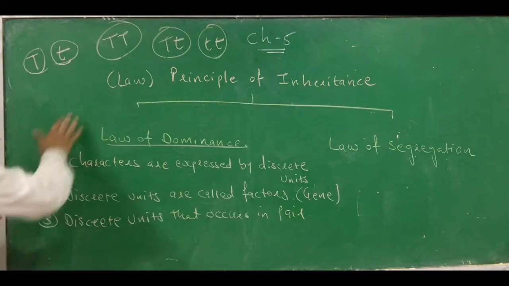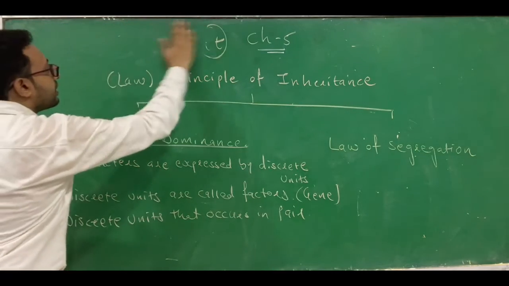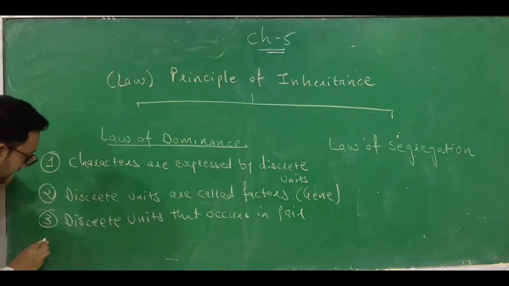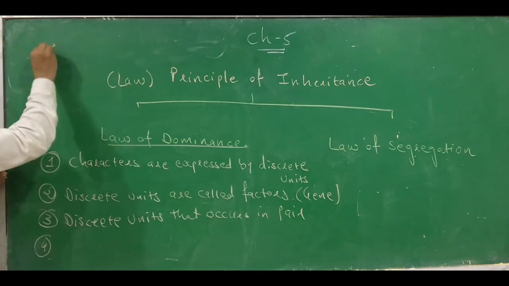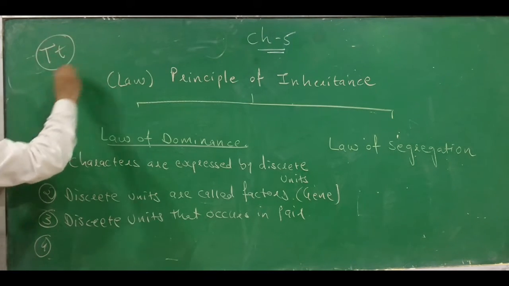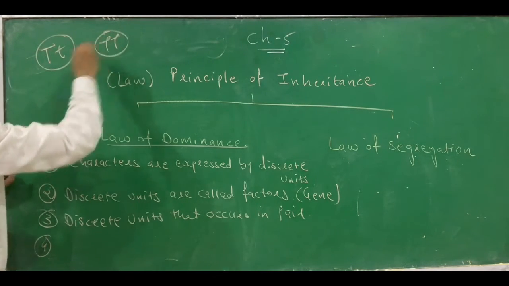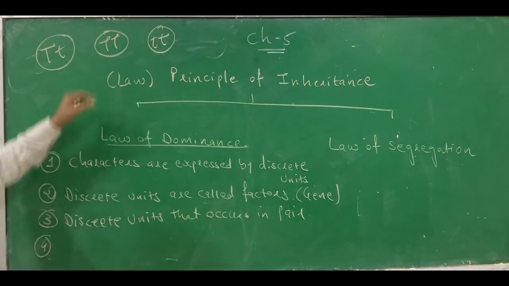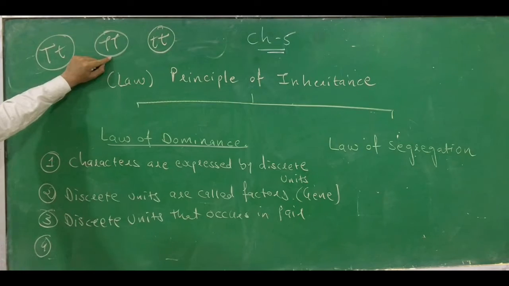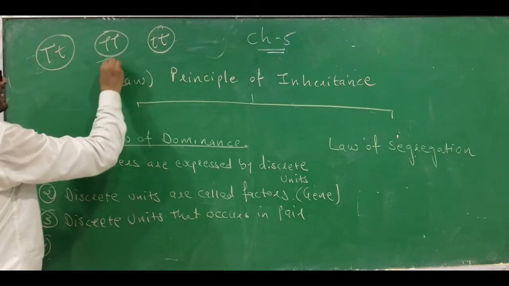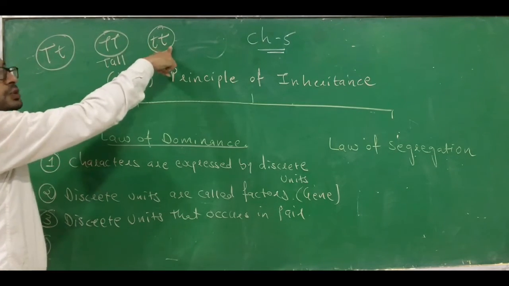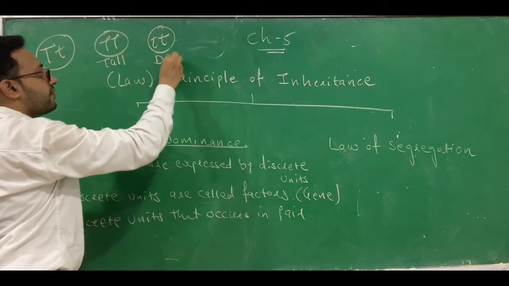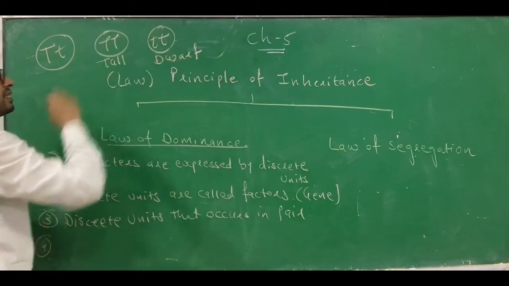Okay, clear? Now next thing, see, this is dissimilar, heterozygous, and this is similar, capital T, capital T, and this is small t, small t. Now capital T, capital T, both are for tallness, it is tall. Small t, small t is for dwarfness, because both the letters are representing a dwarf.